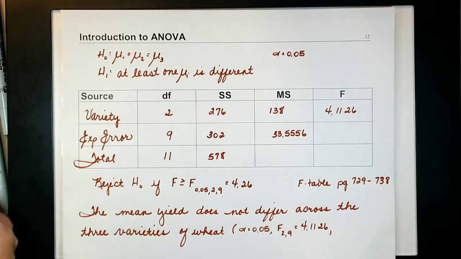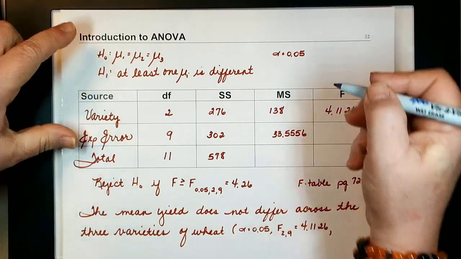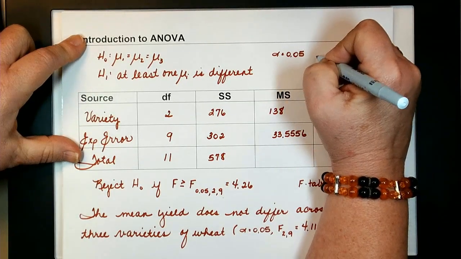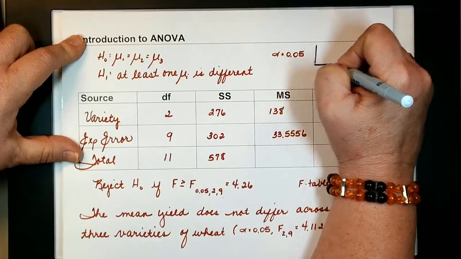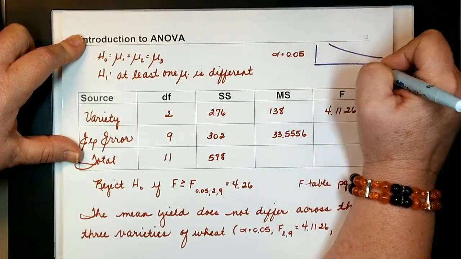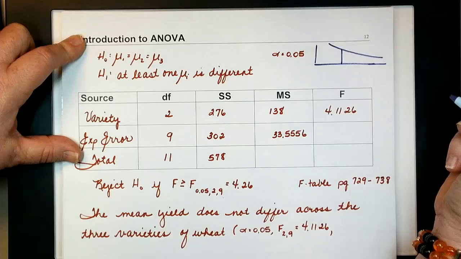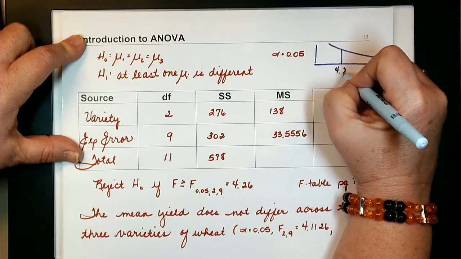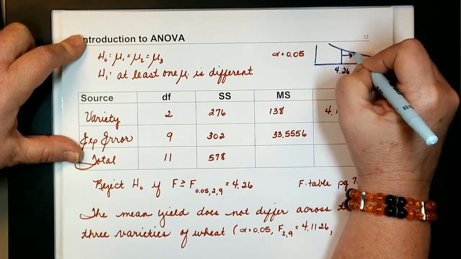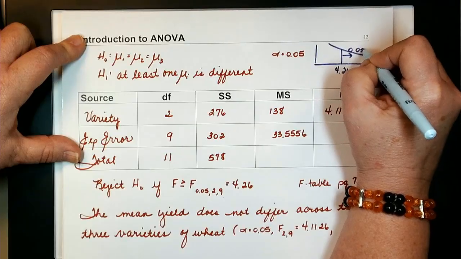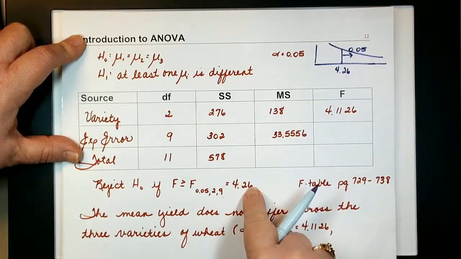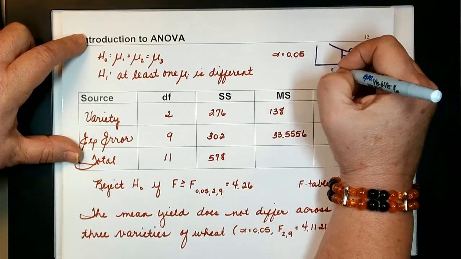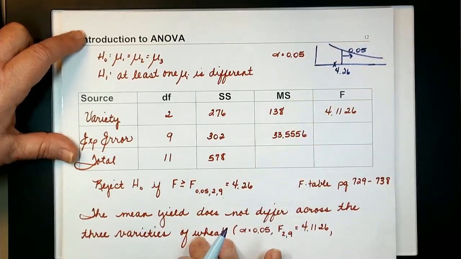I have a little scrap paper up here at the top of the page. We know our 4.26 determined an area to the right of 0.05. We computed 4.11, so we're over here.